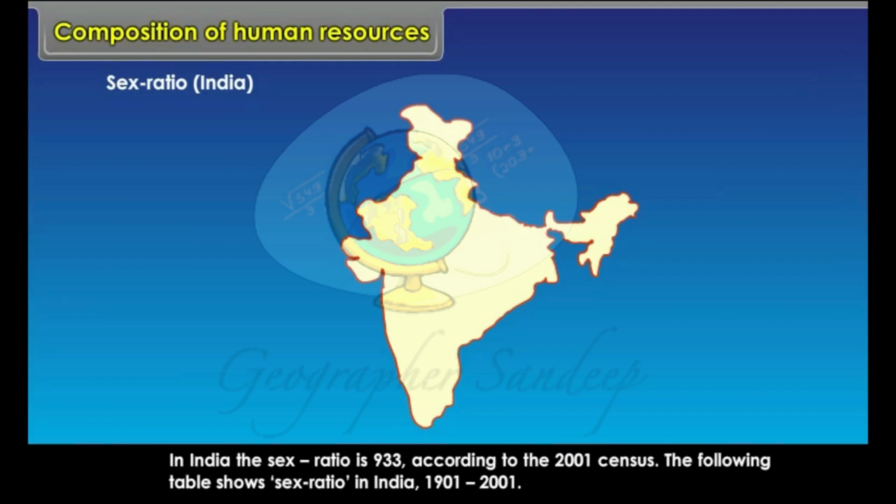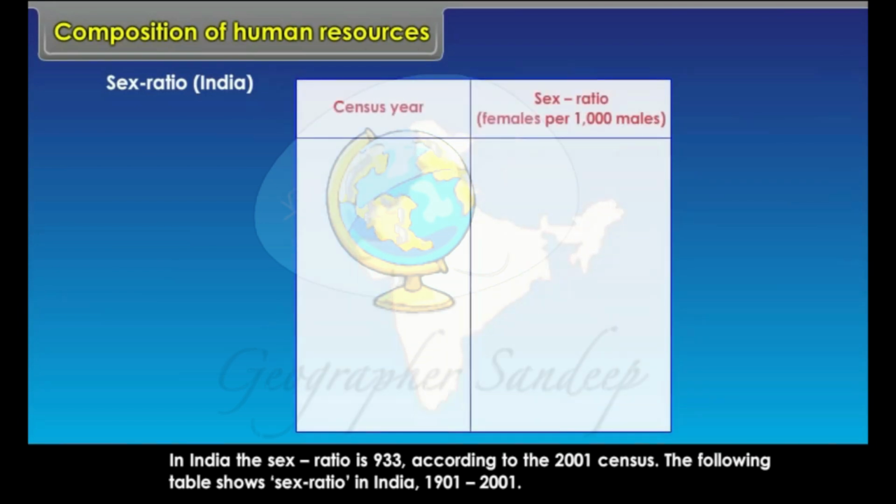The following table shows sex ratio in India for the period 1901 to 2001. Census year 1901, sex ratio, that is females per 1,000 males, was 972. In 1911, it was 964. In 1921, 955. 1931, 950. 1941, 945. 1951, 946.